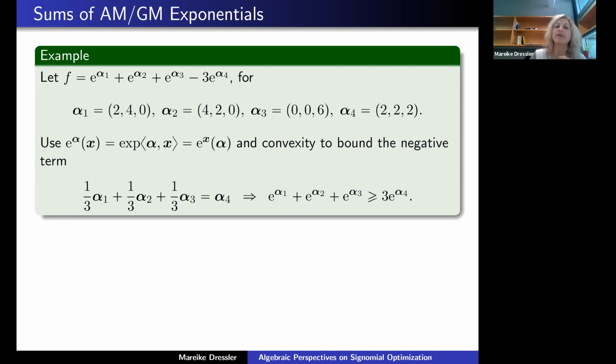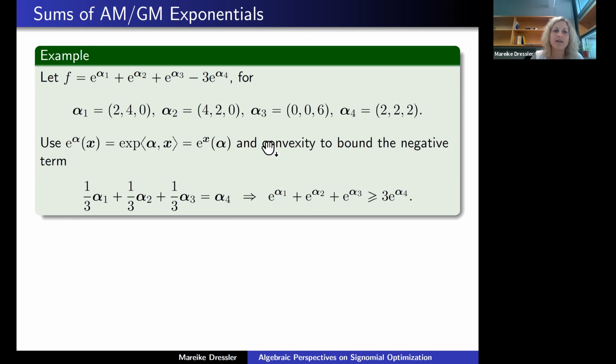Then we can see that this Signomial is non-negative via the following arguments. First of all, we have this identity, right? We can exchange x and alpha. And also we can use convexity to bound the negative term.